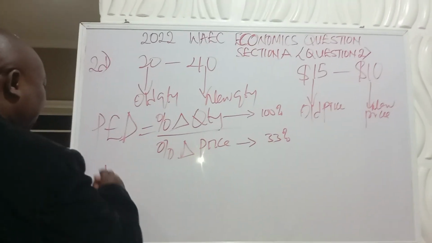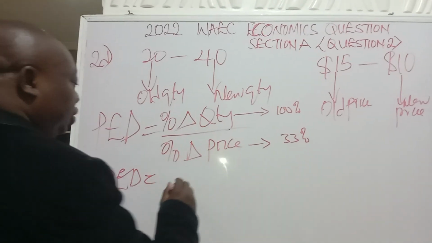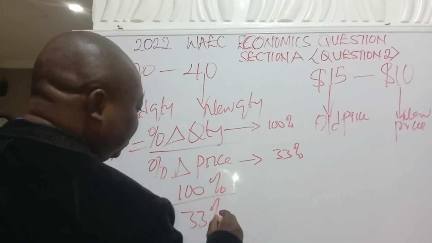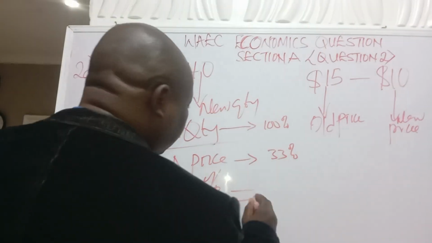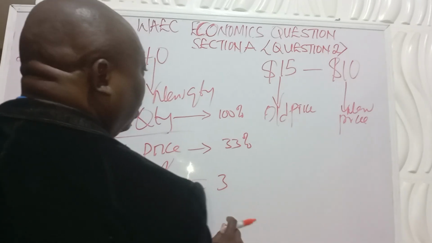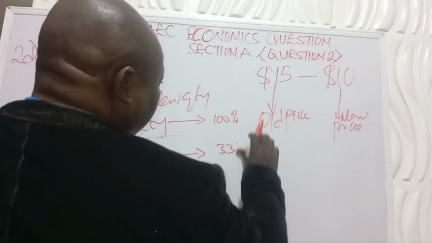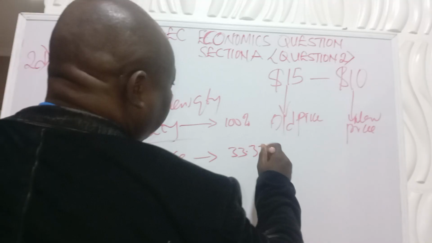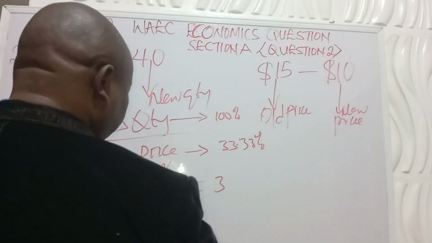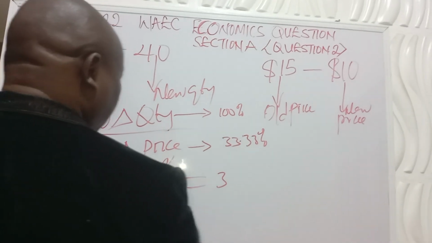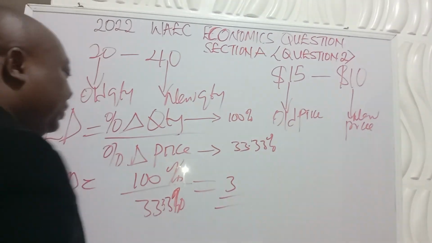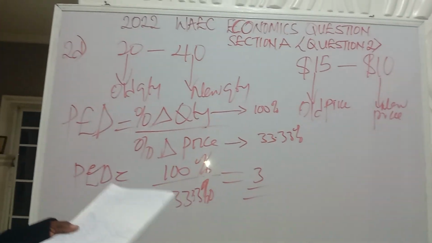So we now bring them together, which is 100% over 33 percent. This will cancel this. 100 divided by this will give you 3. We approximated this; it should be 33.3%. When you divide, it should give you 3. So that is our answer.